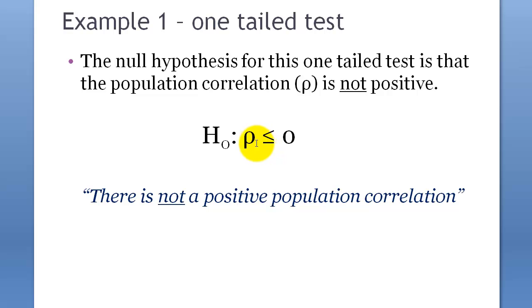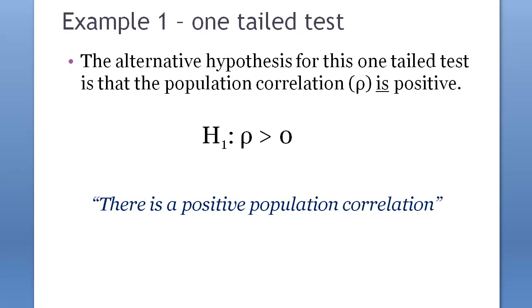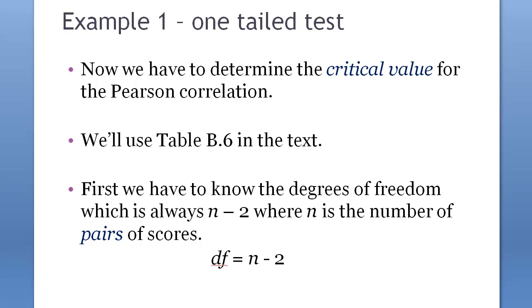So no relationship is rho equals 0, and a negative relationship would be rho less than 0. And this is the alternative hypothesis, of course: rho is going to be positive, meaning it's a positive relationship.